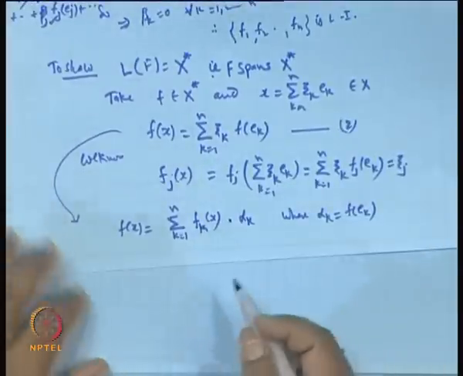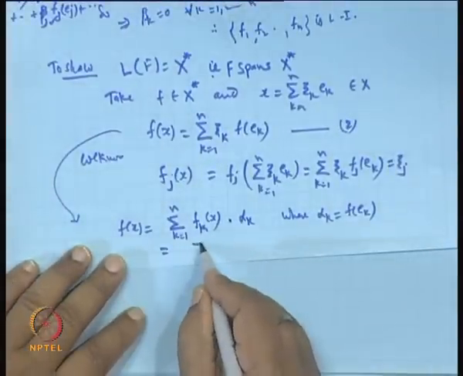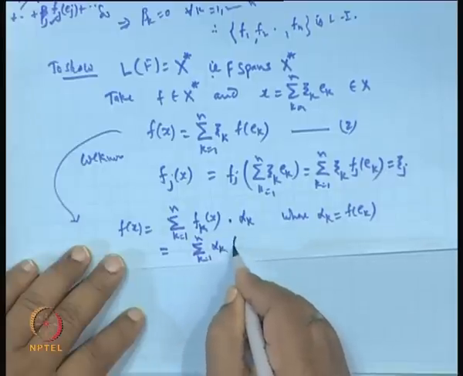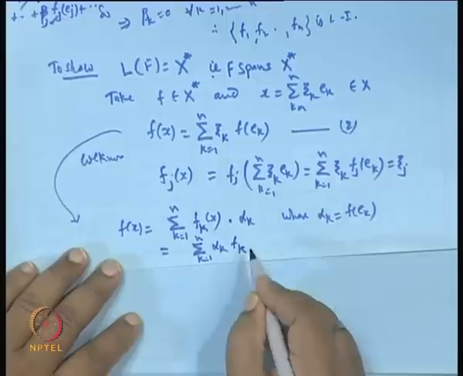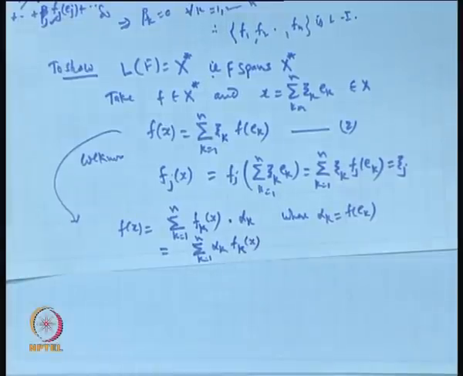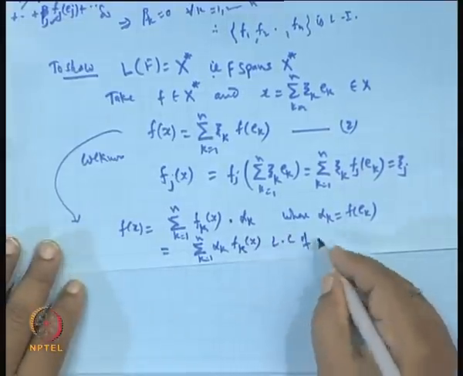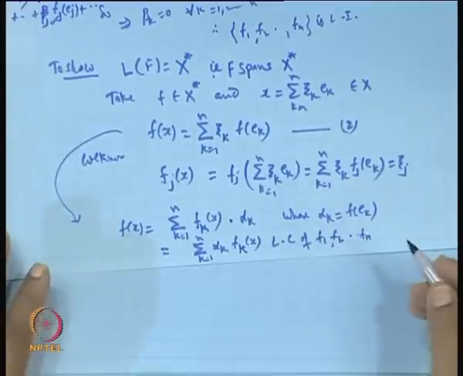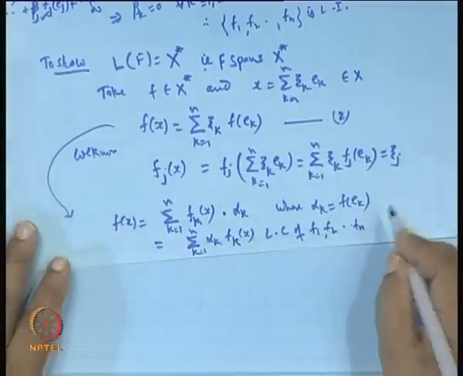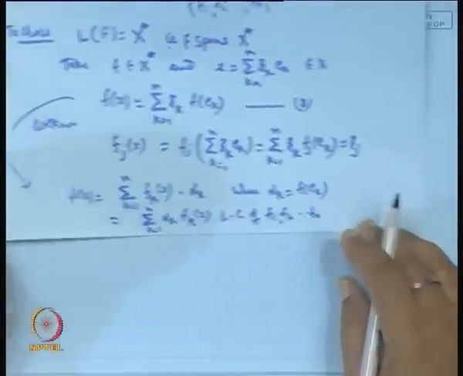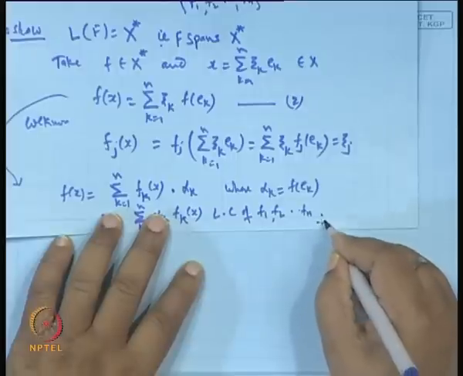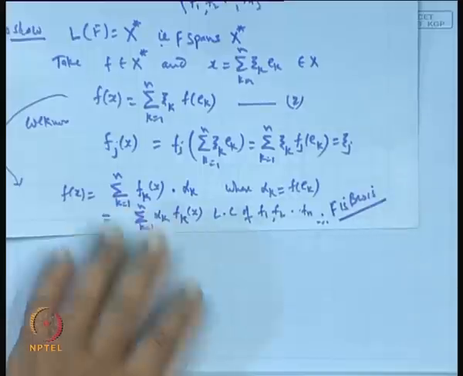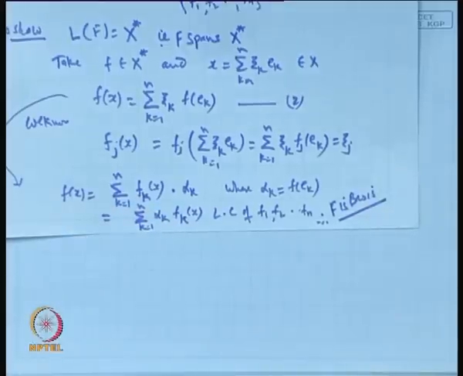So what you get is that f can be expressed as a linear combination of the elements f k, a linear combination of f 1, f 2, f n. Clear? Therefore, F is a basis. Is it clear?